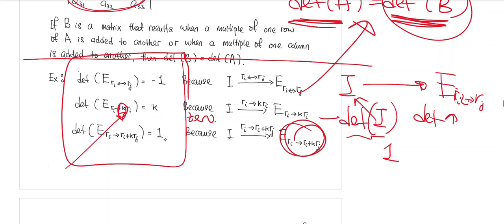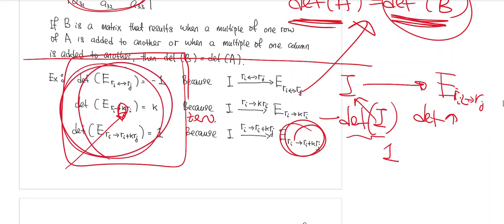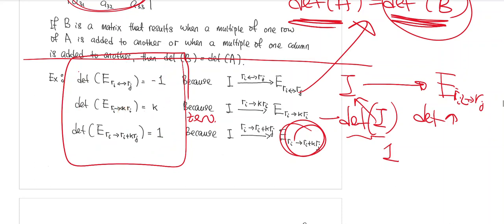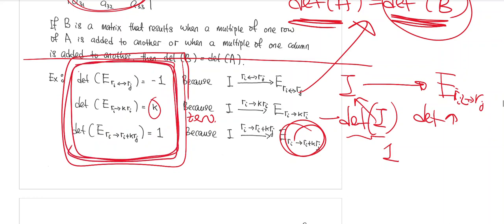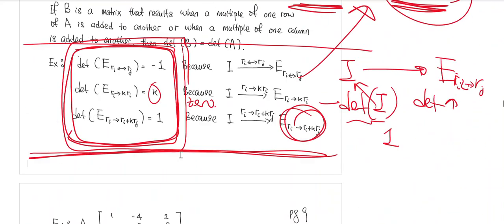In particular, the determinants of elementary matrices are never 0. For a legit row operation, k cannot be 0. That is a conclusion, a very nice summary of all the properties that we have seen so far.